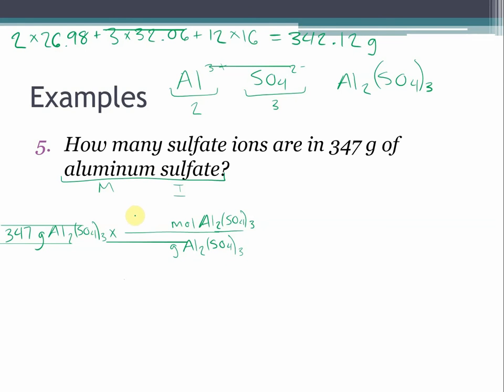So we will say that for every 1 mole of aluminum sulfate, we have 342.12 grams. And then once again, times a fraction. What goes up must come down. So we can put moles of aluminum sulfate in the bottom.